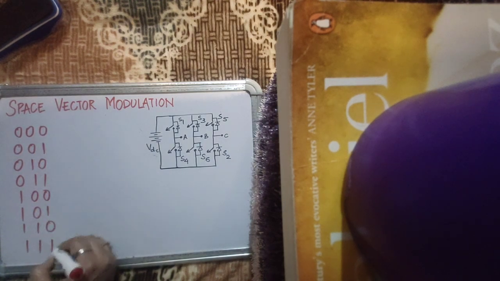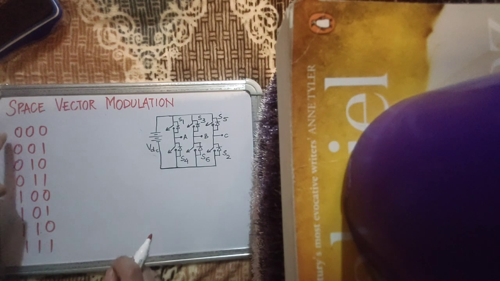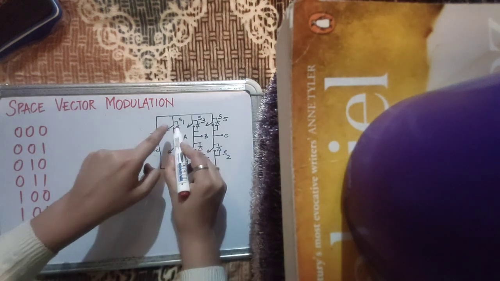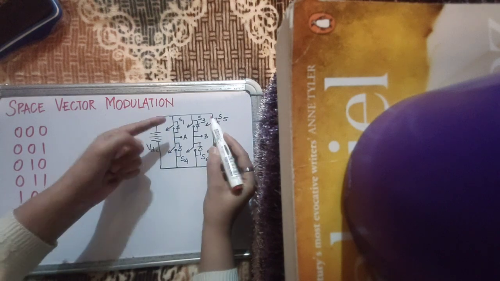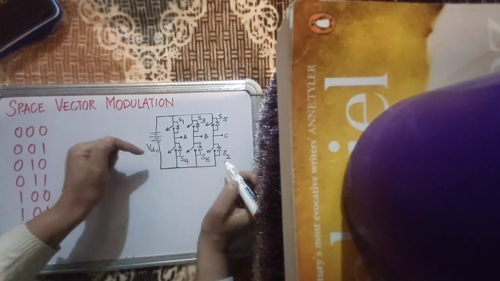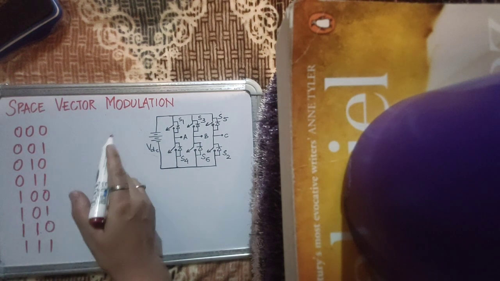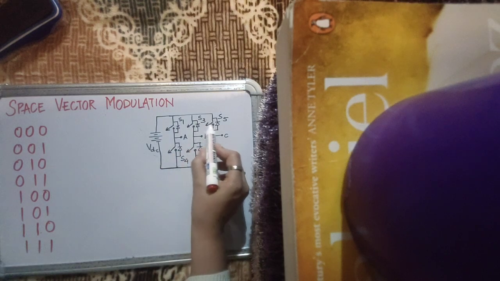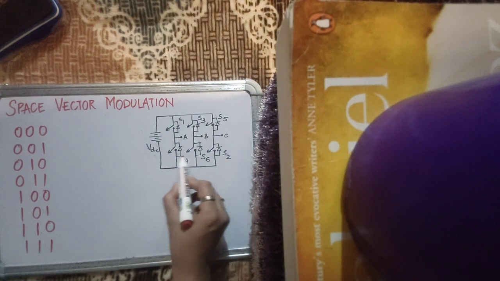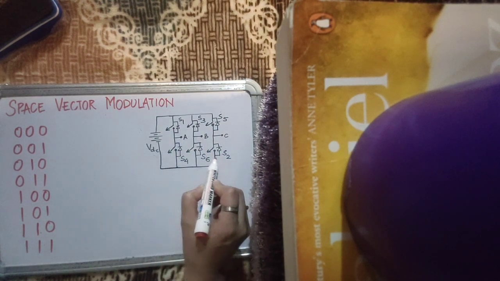So these are your 8 states of the converter, where 0 0 0 means the top 3 devices are off, which automatically means that the bottom 3 devices are on, because obviously the bottom devices are the complements of the upper devices. So whenever it is 0 0 0, the upper three switches will be off and the bottom three switches will be on.